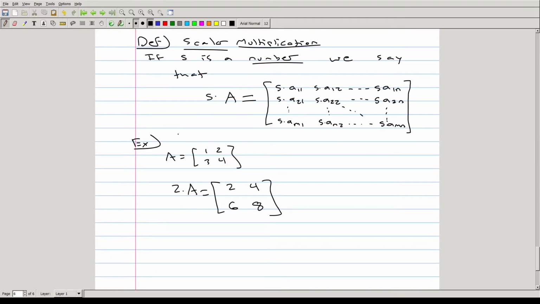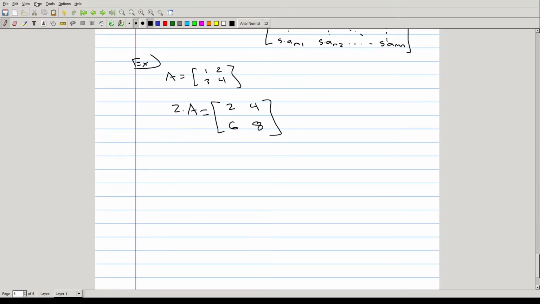In terms of matrix times matrix product, things become a little bit more complicated. We actually have multiple different types of valid multiplications that we can define. And this is why things are a little bit tricky.